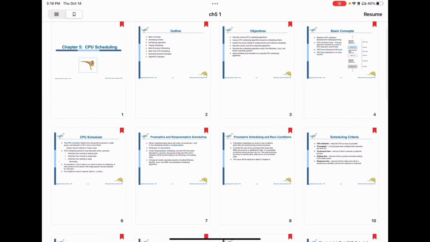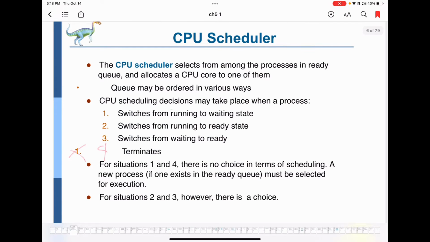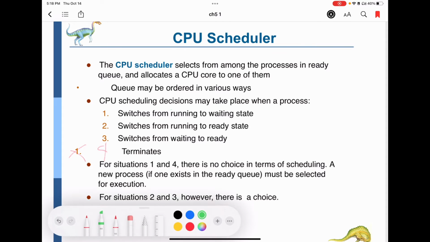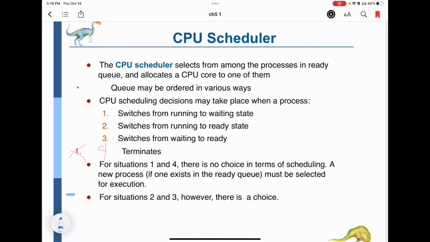Okay. To do that, we need to consider the CPU scheduler. So, si CPU scheduler, siya yung pumipili kung aling process ang kailangan natin or anong process yung i-execute ni CPU. The CPU scheduler selects. Saan siya nagsiselect?